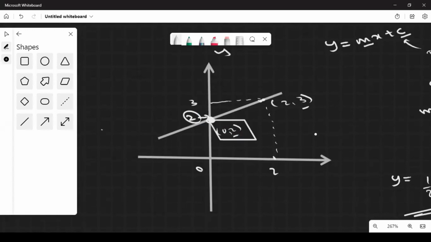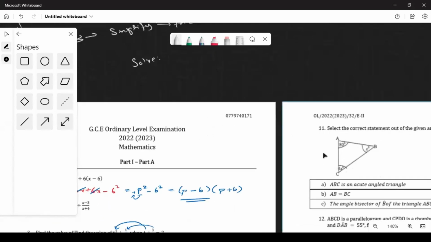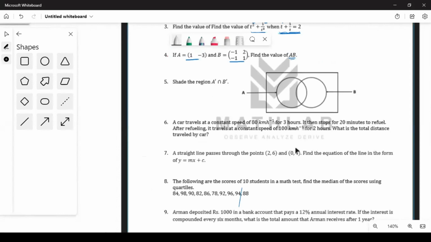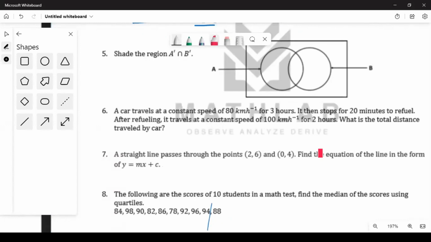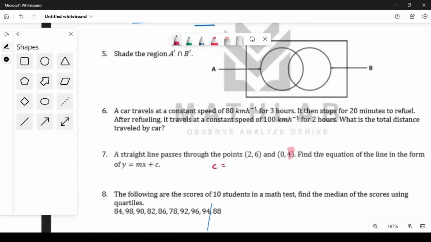X coordinate is 0, Y coordinate has a value. If you have two coordinates given, and x coordinate is 0 and y coordinate has a value, then definitely this one is the intercept. This 4 is the intercept, which means c is directly equal to this 4.